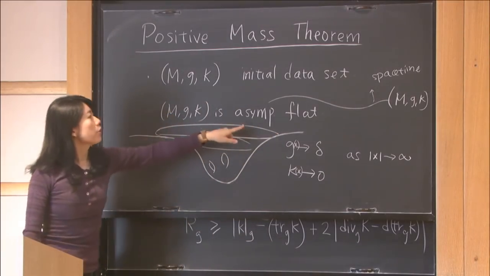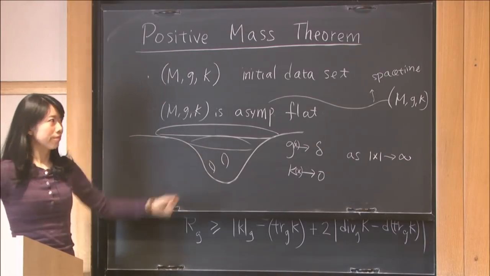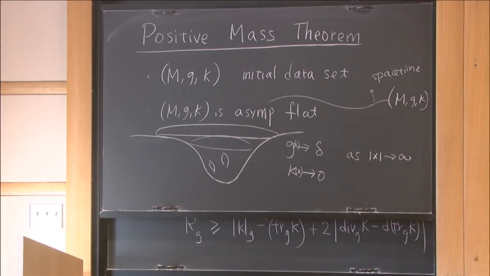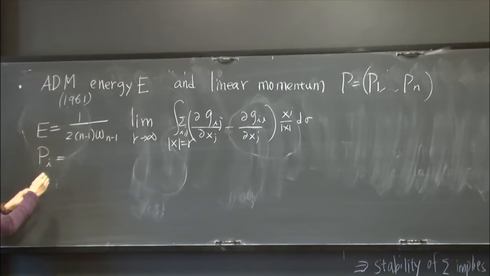So that's the integral defined here. And now you make the coordinate sphere larger and larger and larger. And there's a similar definition for the momentum. So P is a constant vector.